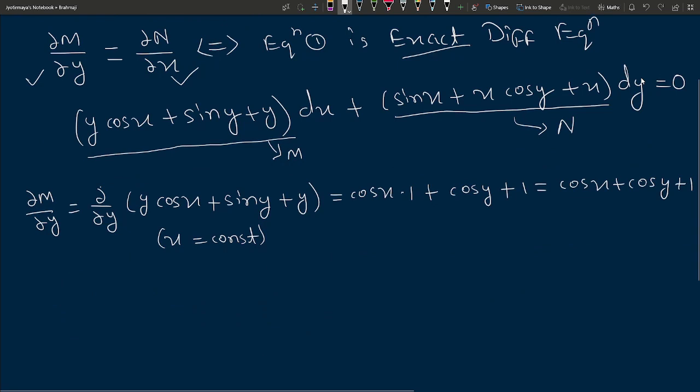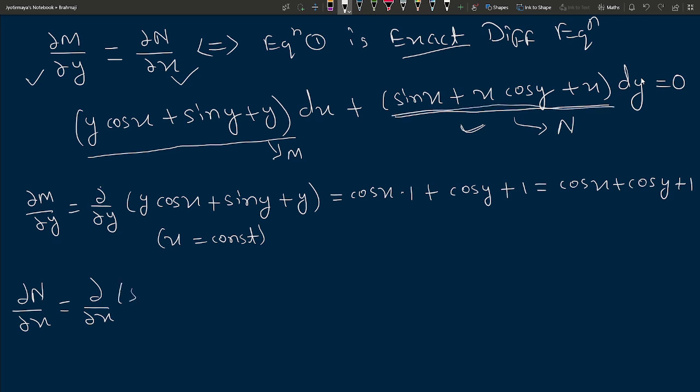Similarly, now this function is N. I will find del N by del x. This is del by del x of N. What is N? N is sin x plus x cos y plus x. Now partial derivative with respect to x means you have to treat y as a constant.